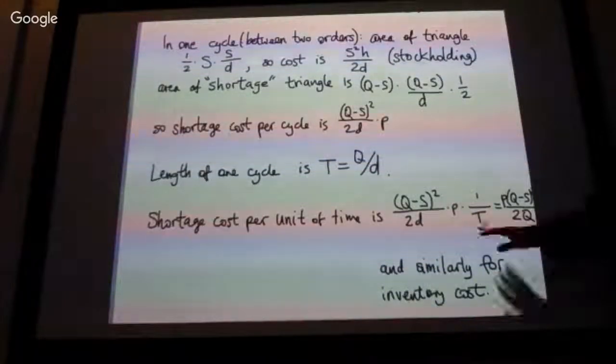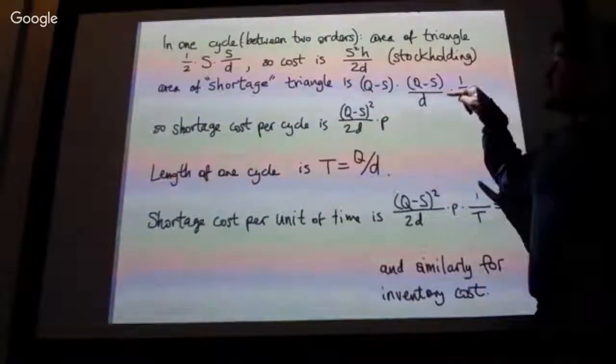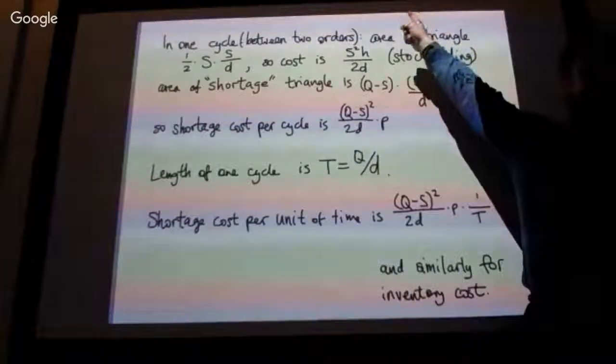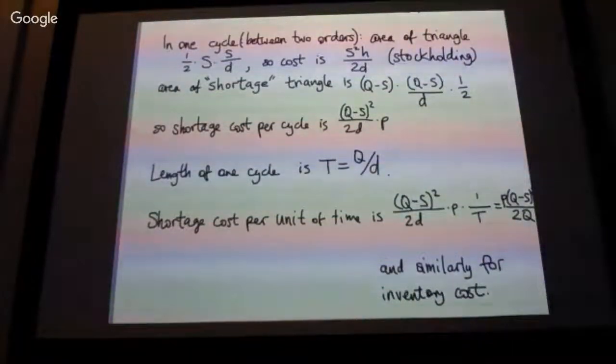Okay, so this is the justification for why the cost is what it is. What's just disappeared? Because you can't see, but I can.